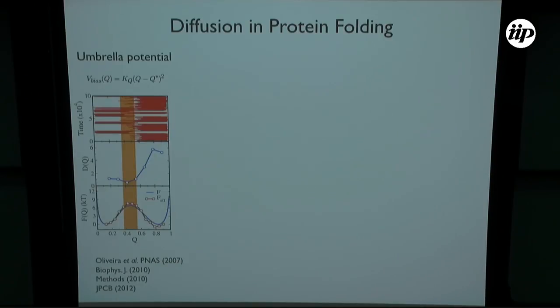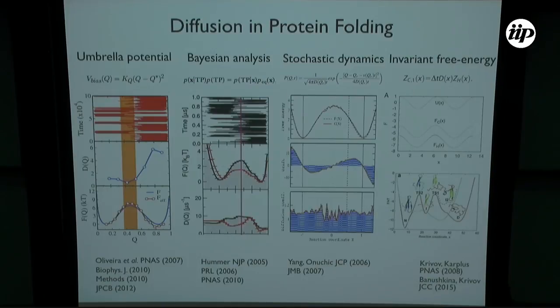We did that for a few cases, and now we are moving on. We've seen in the literature that there are quite a few different methods of calculating the diffusion. If you see here, F(Q) and D(Q) have quite different shapes, including my own, and those of Victor, Paul, and everybody.